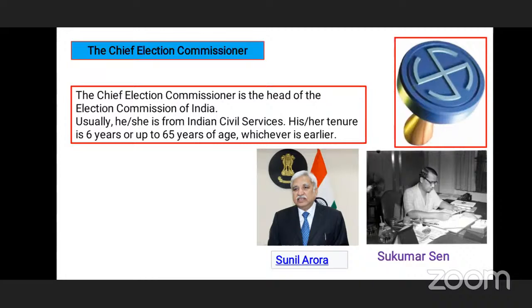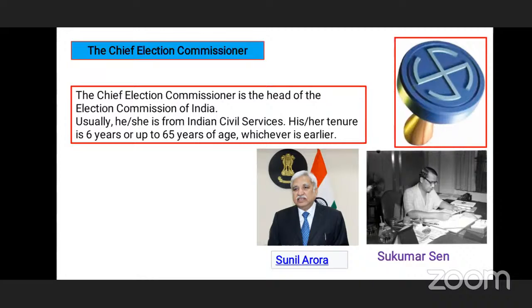For example, I am 62 years old in this 2020. His tenure is 6 years or up to 65 years of age, whichever is earlier. I am 62 years old. If I am the Chief Election Commissioner of India now, for the next 3 years I will work as Chief Election Commissioner.